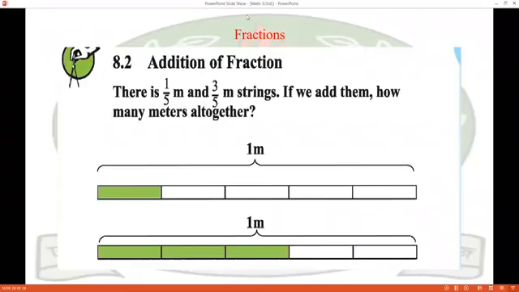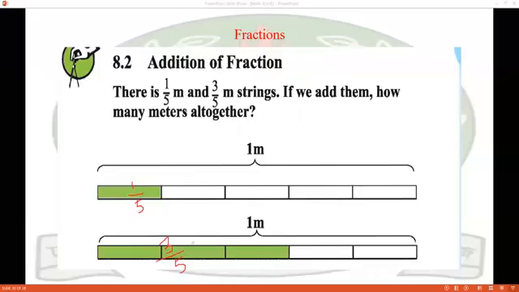Addition of fractions. There is a 1 by 5 meter string and a 3 by 5 meter string. If we add them, how many meters together? This is the 1 by 5 meter, and this is the 3 by 5 meter.